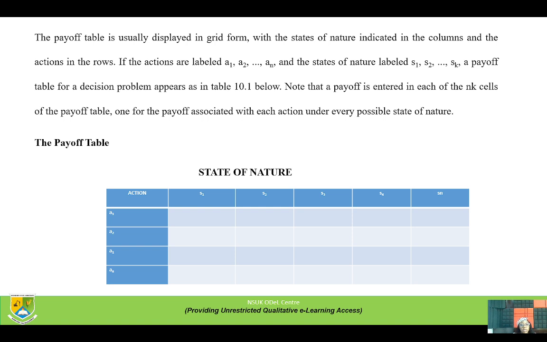If the actions are labeled A1, A2, all up to An, and the states of nature are labeled S1, S2, up to Sk, a payoff table for a decision problem appears as shown in the table below.